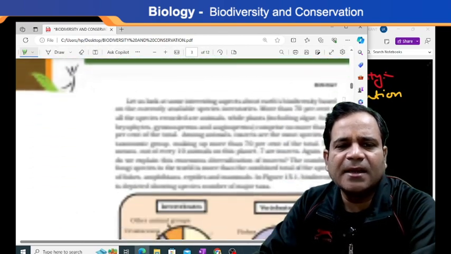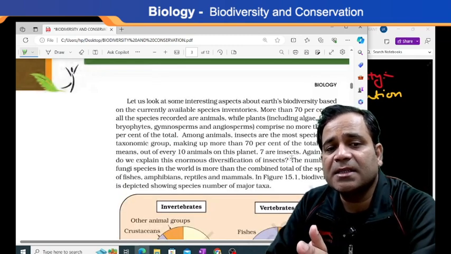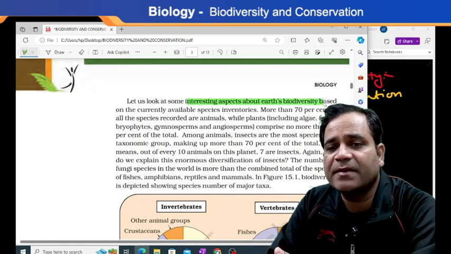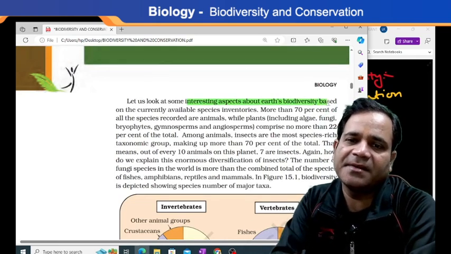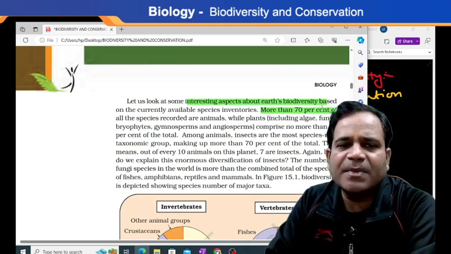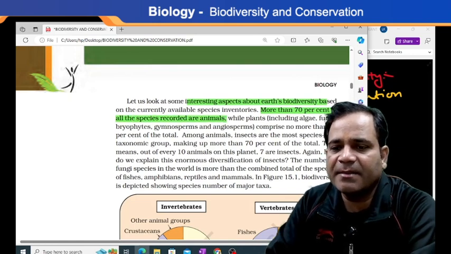Let's see some interesting aspects about the Earth's biodiversity, based on the currently available inventories. You know that more than 70% of all species recorded are animals. Getting my point?